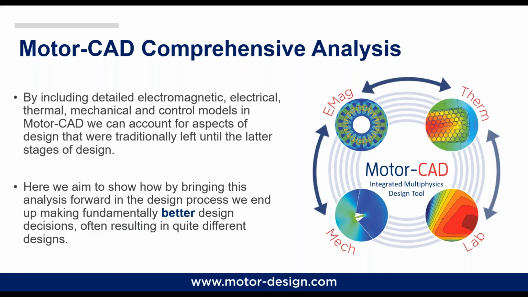So this is where basically our MotorCAD philosophy comes from. If we try to include all those things, not just as an additional stage, but actually put them in the optimization, or in the design loop as we are making these design decisions, and for example, we are changing things like the machine parameters, for example, the tooth width or the slot depth or the magnet dimension, we want to know how that change is going to affect the electromagnetic behavior, but also how it is going to affect the thermal behavior of the machine, and the impact of that change on the continuous torque speed curves.